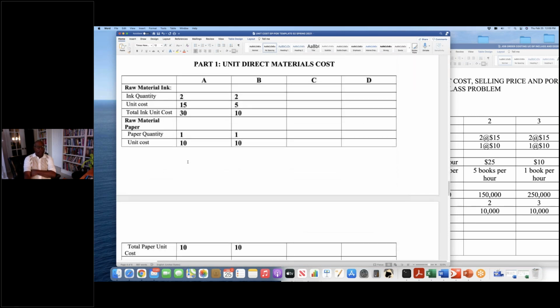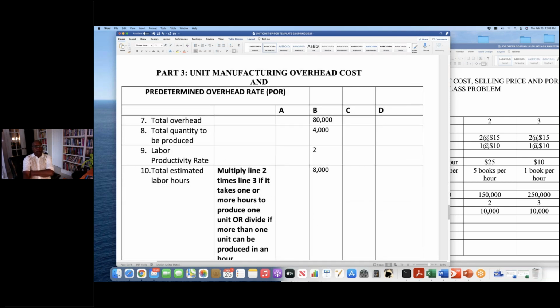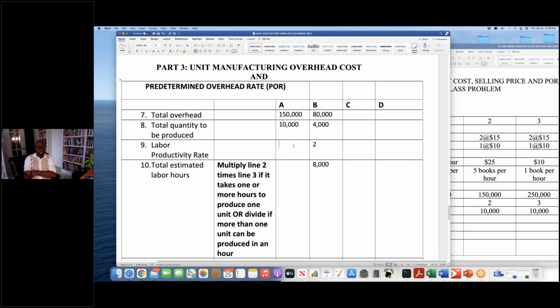All right, let's see if we can knock out this overhead and get our POR quickly. What's total POR? Your overhead, 150,000. Total quantity to be produced, 10,000. Our productivity rate was 5 per hour.